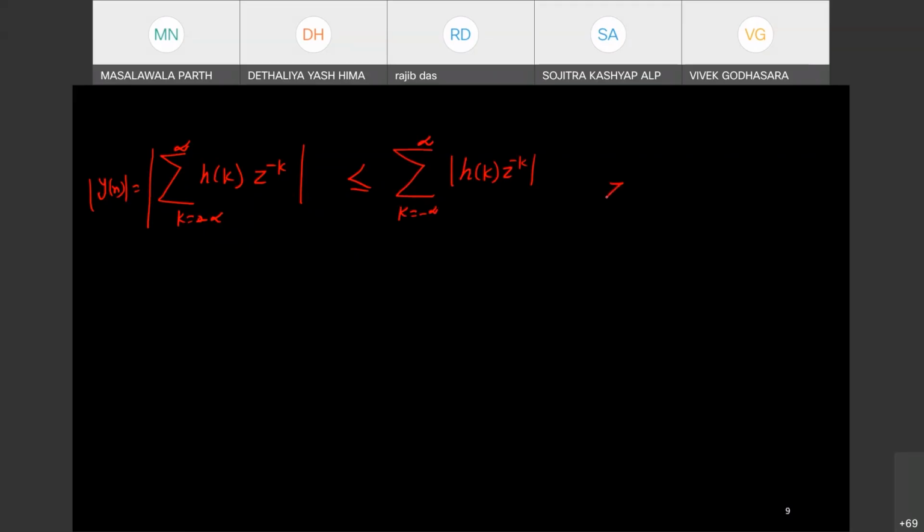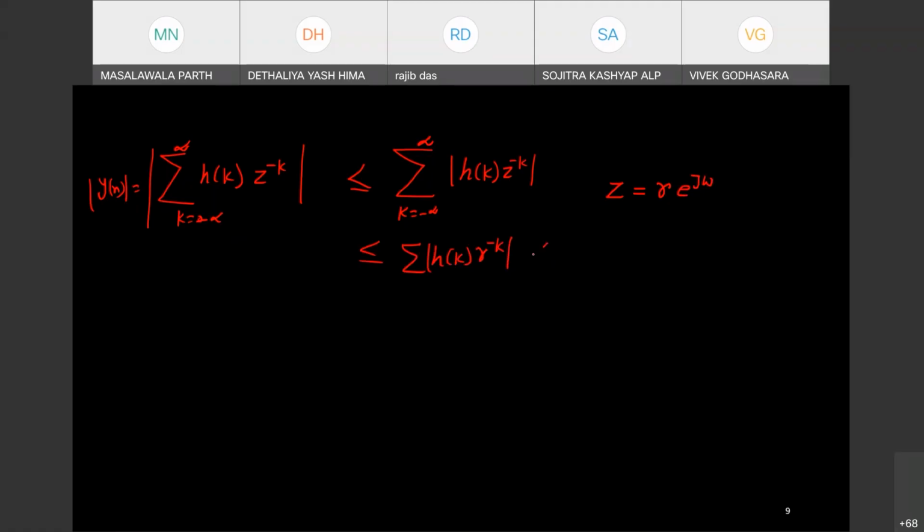Now z we can choose in this form, with magnitude r and e to the power j omega. If I choose this form, then this is the same as the summation of the magnitude of h of k and r to the power minus k.